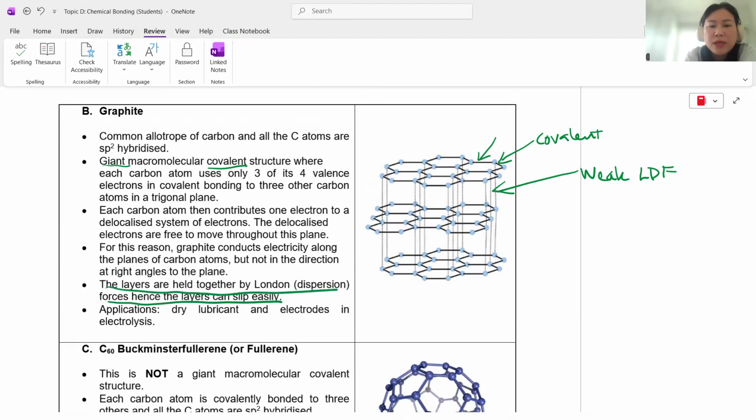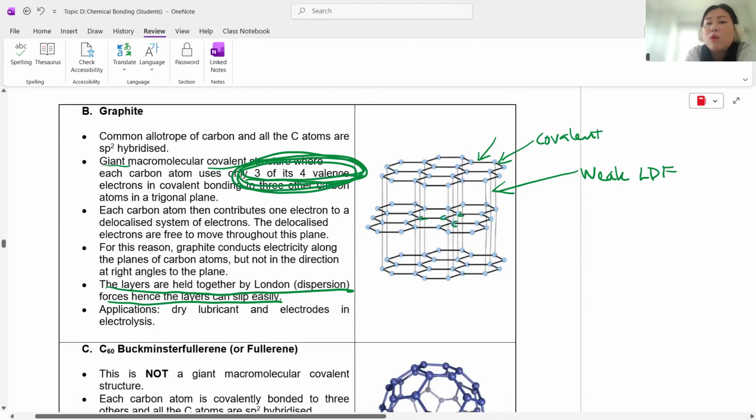So we look at this point here. Because of the London dispersion force, the layers are able to slip across each layer easily. Third, we are going to look at the electrical conductivity. So if you zoom into every graphite atom, you will see that this graphite atom is only forming 1, 2, 3 bonds. So the carbon only forms 3 bonds, but it has 4 valence electrons. So it's only using 3 out of its 4 valence electrons in the bonding.